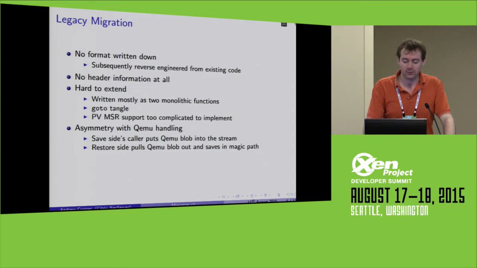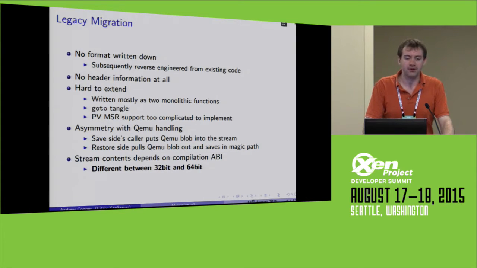So what happened was the save side had the caller, so Xend or LibXL, put the QEMU record in, whereas the restore side had the low-level code pulling it out, saving it in a magic file. But the biggest problem was the fact that the stream was not equivalent between a 32 and a 64-bit compilation. So we decided to do a bit of work.